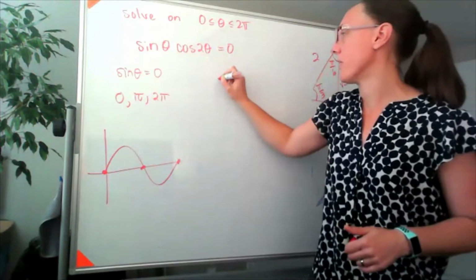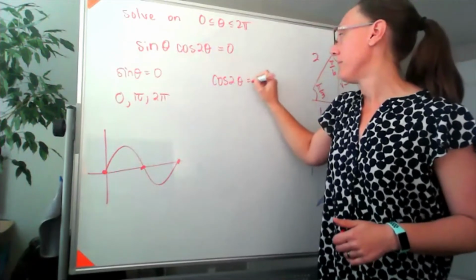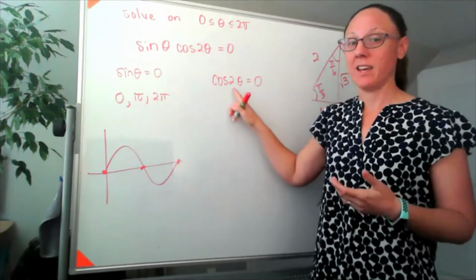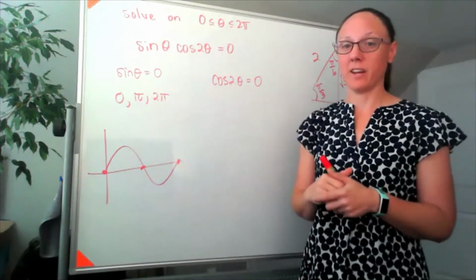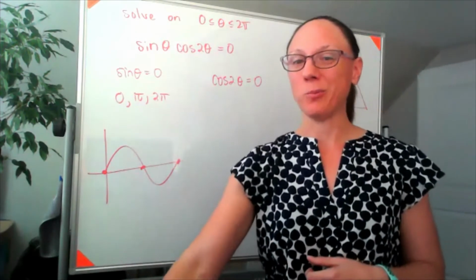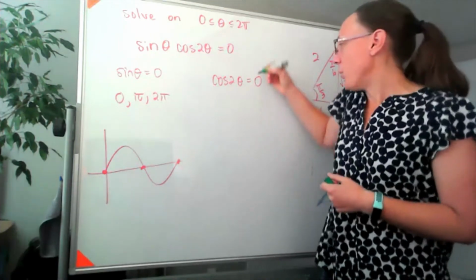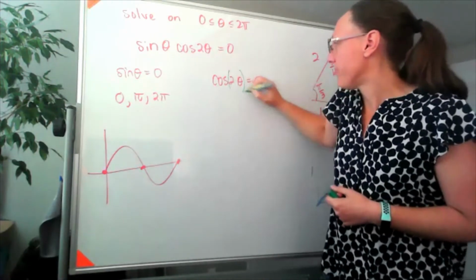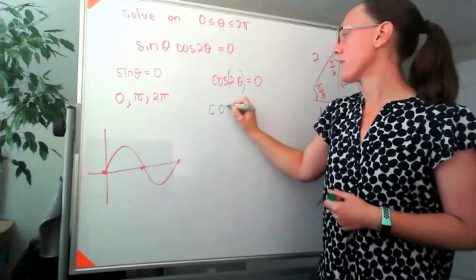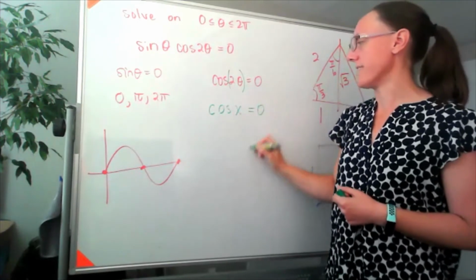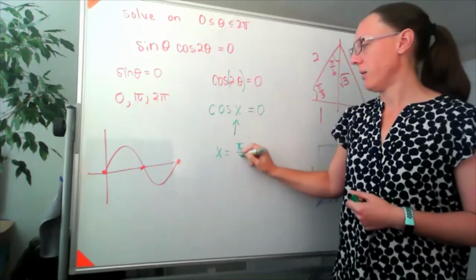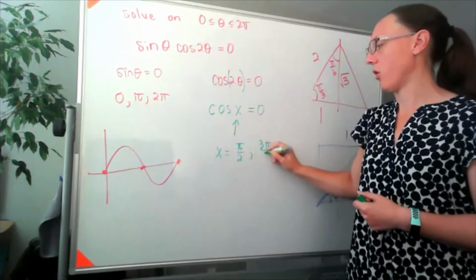For cosine of 2 theta being equal to 0, we have a choice. We can use some kind of double angle identity, but we don't actually need to, because if I were to rewrite this to say cosine of x is equal to 0, then I know what those x values have to be: pi over 2 and 3 pi over 2.